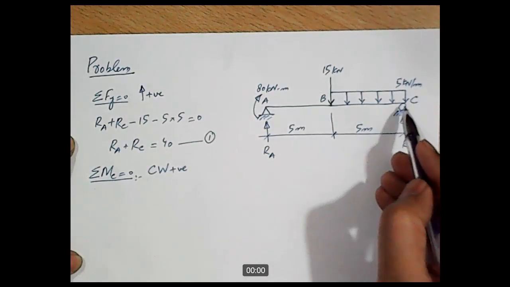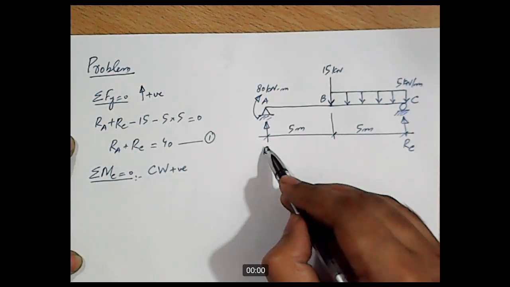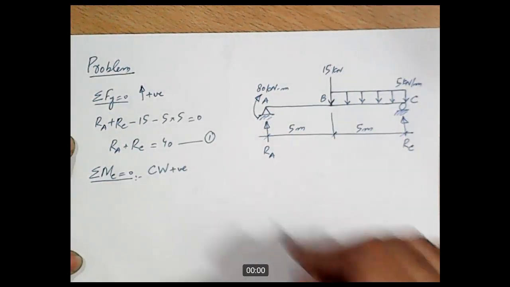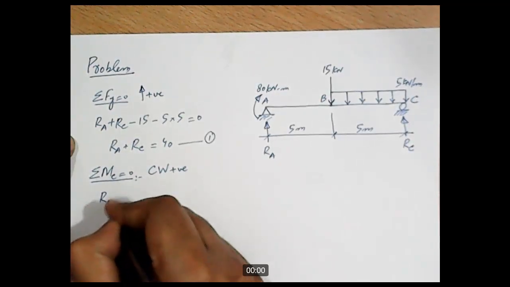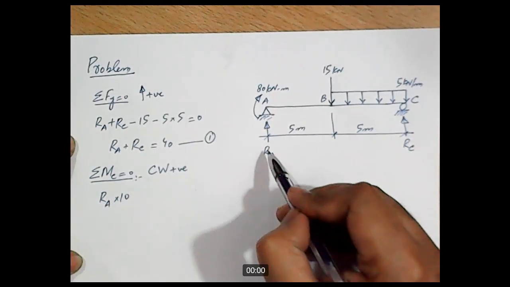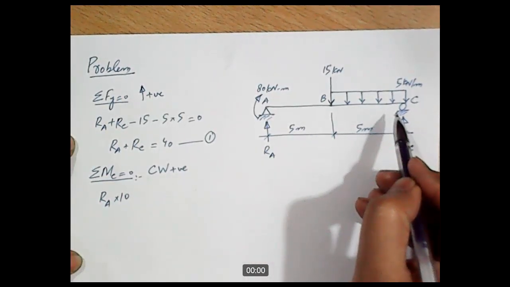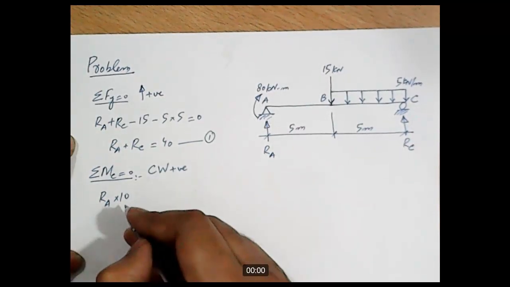So if we are applying sigma MC equal to 0, we can start from this side. RA is producing moment in clockwise direction about point C. So RA into 10 is the lever arm, the perpendicular distance between RA and point C, and RA is producing moment in clockwise direction, so we'll take it as positive.